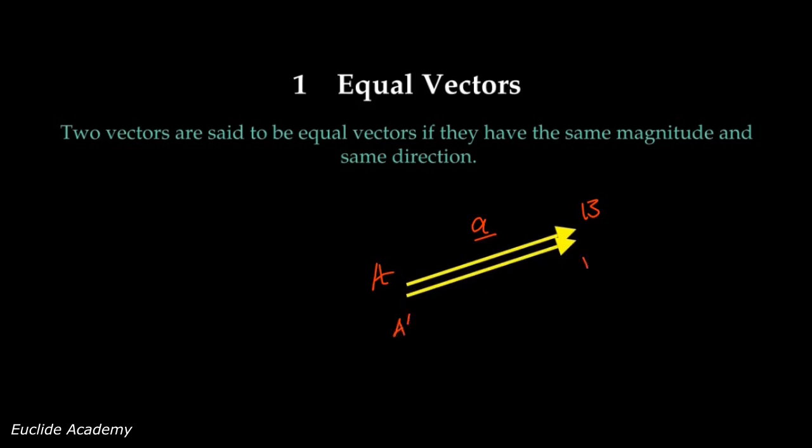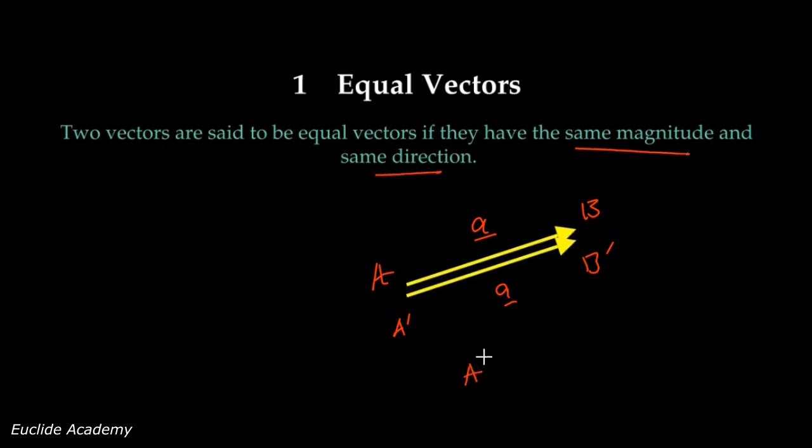We can call this one A prime and this one B prime, and with the same magnitude, these two vectors are said to be equal vectors. They don't have to be aligned perfectly to be equal vectors. They just need to have the same magnitude and the same direction.